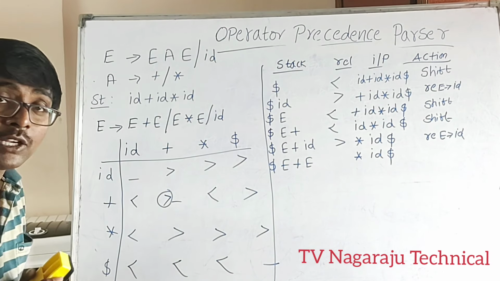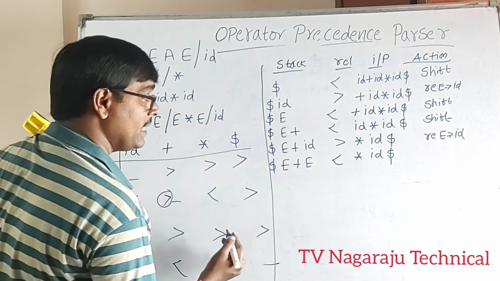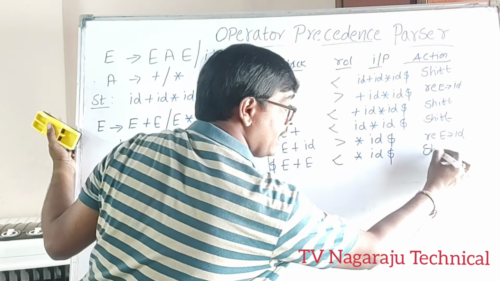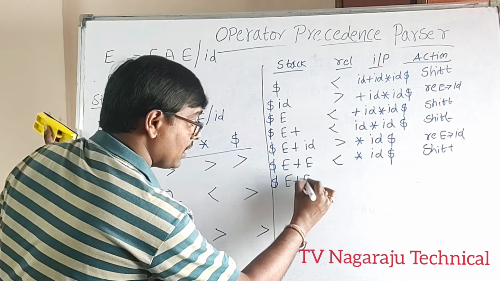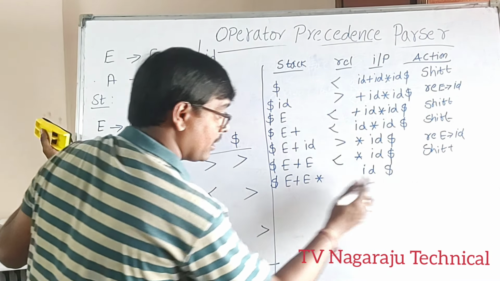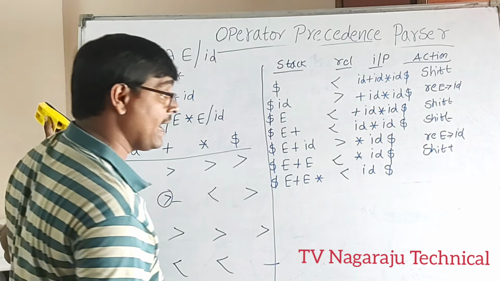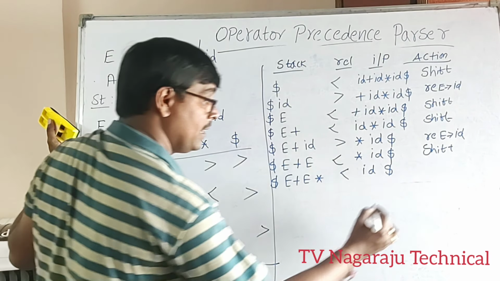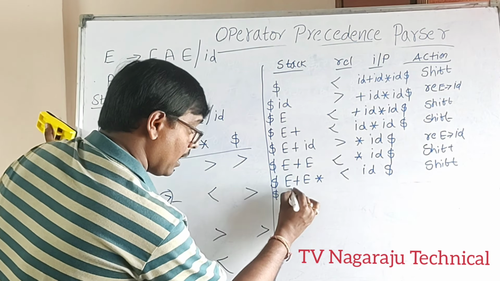Now E is less than star. If it is less than, again shift. Now, star and ID: star has less priority than ID. Again we are doing a shift operation.